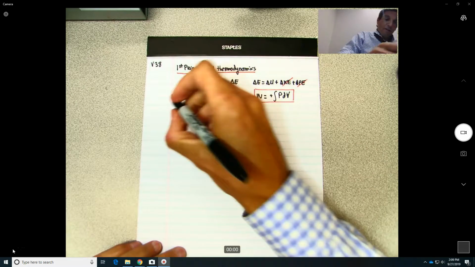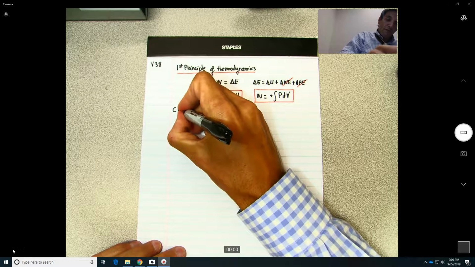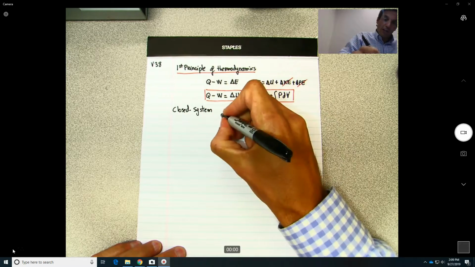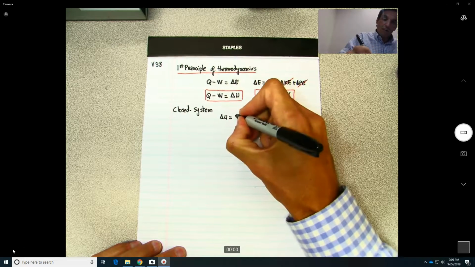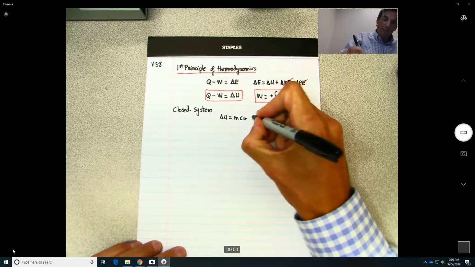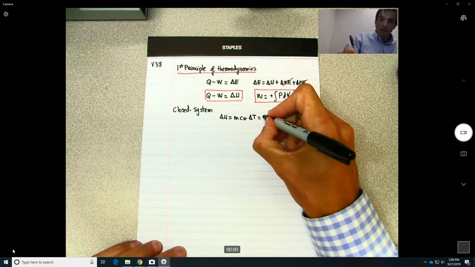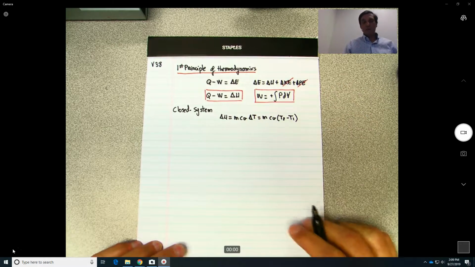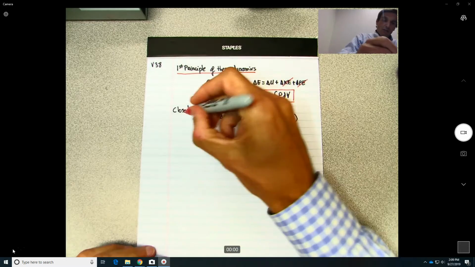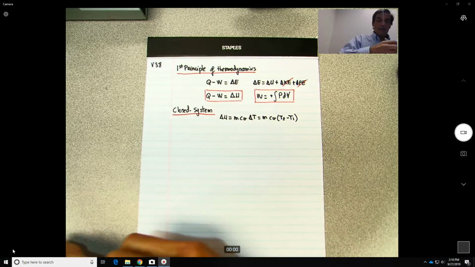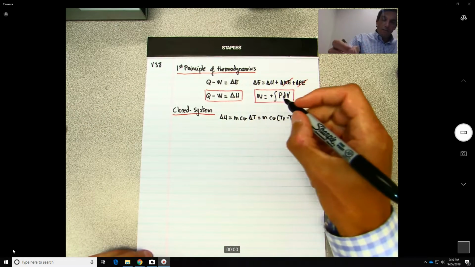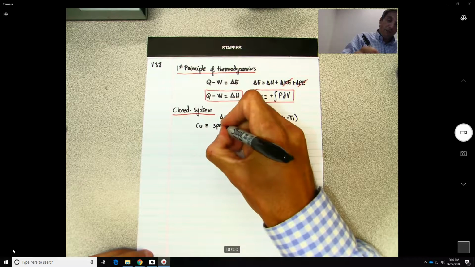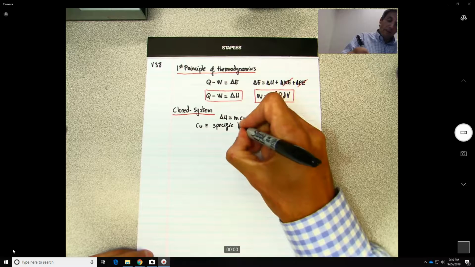Then I mentioned that for a closed system, the change in internal energy could be equal to mCv delta T, or mCv (T2 minus T1). So that's what we had, where Cv was defined as being the specific heat.